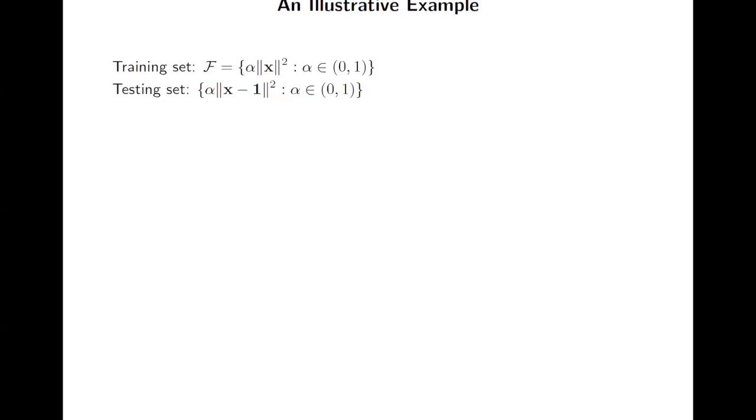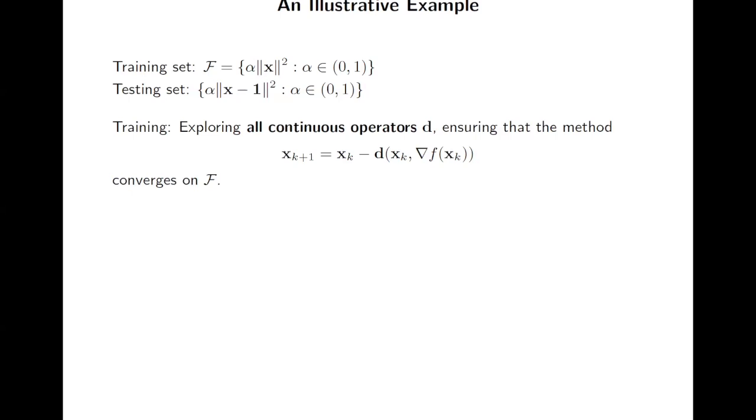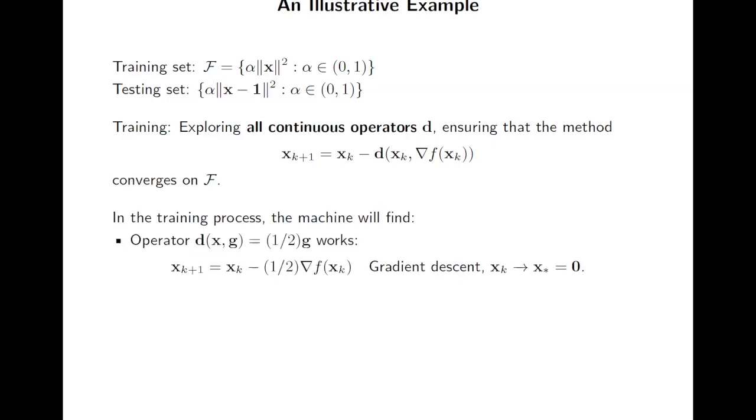There's a shift between the optimizers of the training set and the testing set, shifted by 1. Training means we are exploring all the continuous operators, and we want to find a method that converges on the training set.